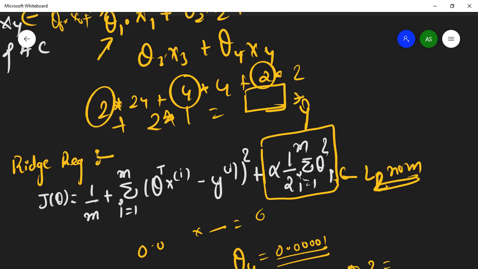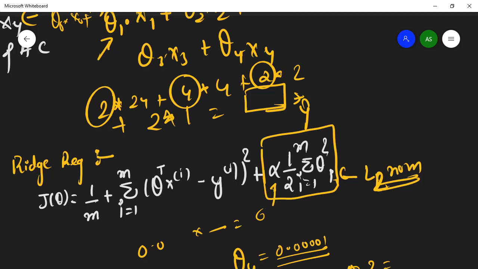Here we have something called alpha, and alpha controls how harsh or how strict to be on a certain feature. Obviously we don't touch alpha in scikit-learn, but let's assume that your alpha controls the strictness.